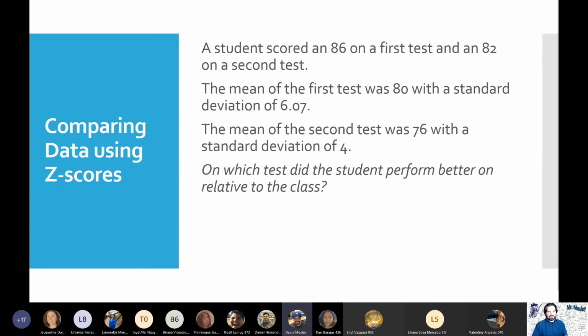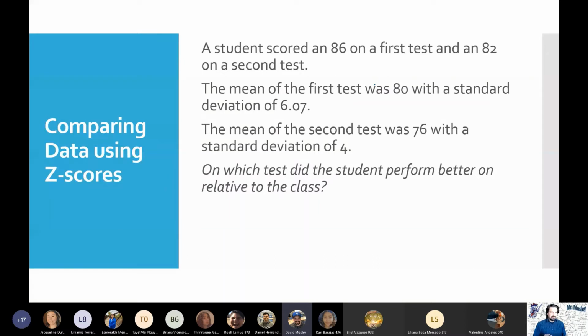It's easy to just assume that the student did better on the first test because they got an 86 on the first one and an 82 on the second, and 86 is bigger than 82. However, we want to consider essentially the difficulty of the test.